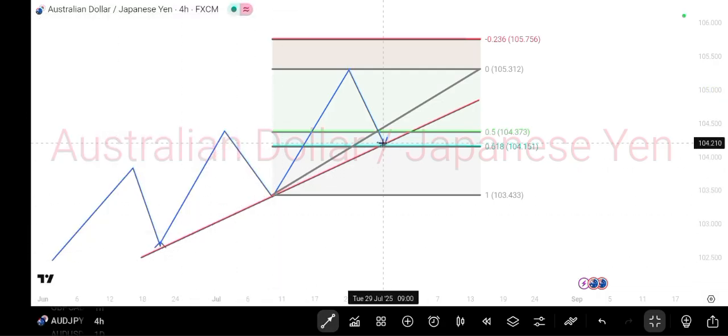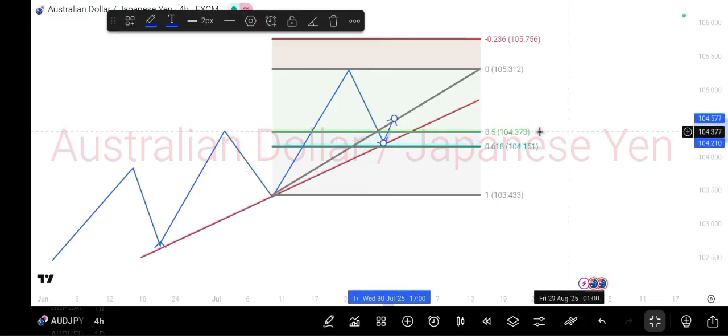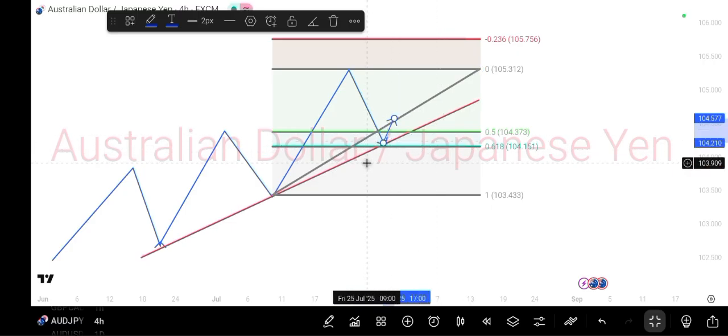Now, when I mean the bounce off, wait for the market to do something like this. Blow out of the 61.8 and 50 region, just like so, before you take your trade. By blowing out, I mean something like a strong bullish engulfing candle for a buy and a strong bearish engulfing candle for a sell.